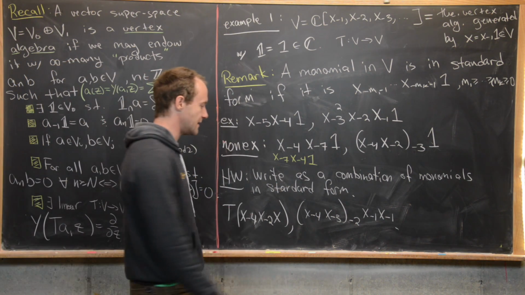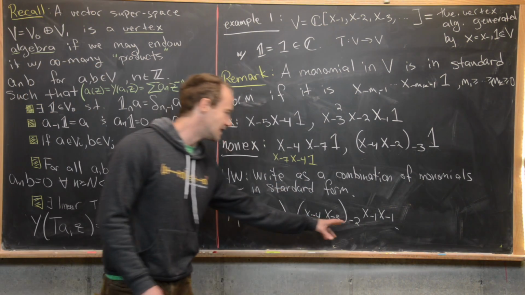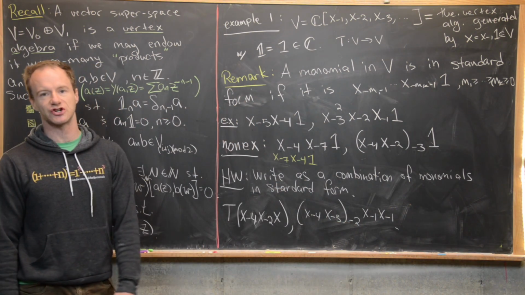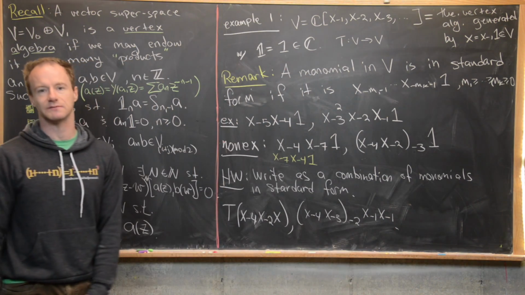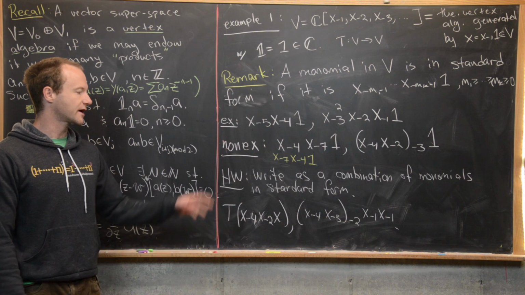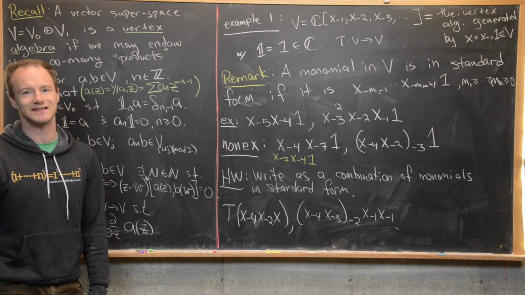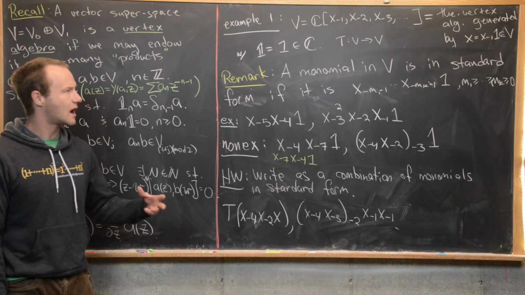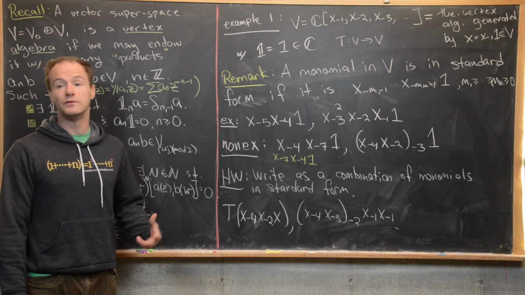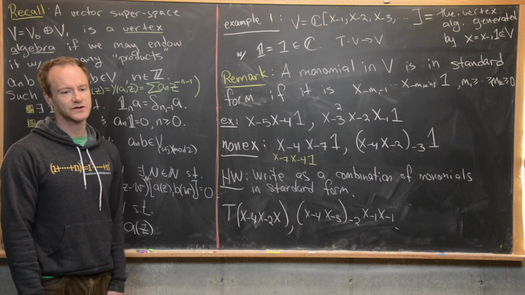And the second one is x sub minus 4, x sub minus 3, and then the negative second multiplication of that object onto x sub minus 1 times x sub minus 1. So I think working out each of these will give you guys a feel for how to do calculations in this setting. So we're going to come back in the next video and look at a couple of more examples of commutative and supercommutative vertex algebras. But here's a good place to stop.